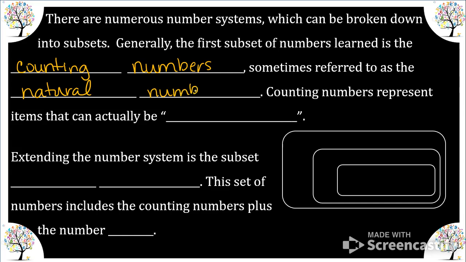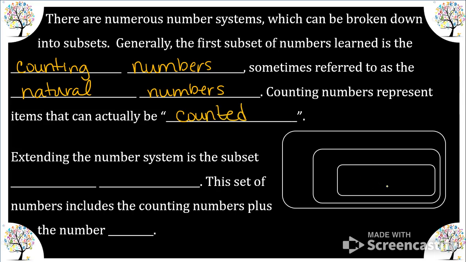The reason that we may call them natural numbers is because that's what we typically learn when we're like two or 3 years old and we're actually learning to count items. So that's why they're called counting, but we just naturally start counting our fingers and blocks and things like that. So counting numbers represent items that can actually be counted.